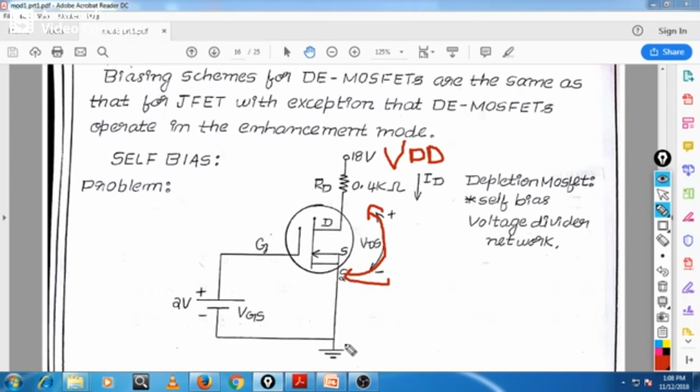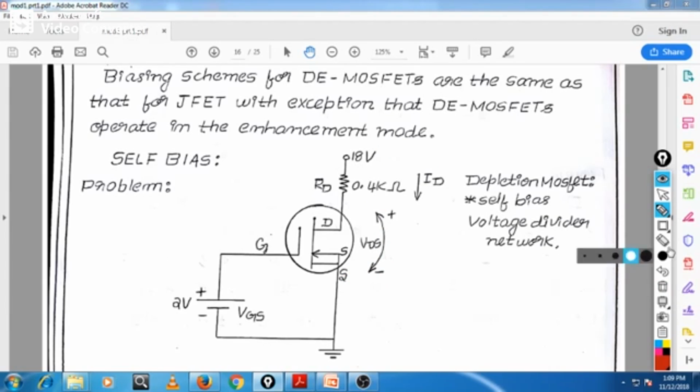Now with an example we will try to understand this concept. What is self bias? Self bias means it will automatically generate whatever voltage is required to move from one region to the other, that is from the linear ohmic region to the saturation region. This is automatically generated. That is called self bias. We will see, my dear friends, how this works.